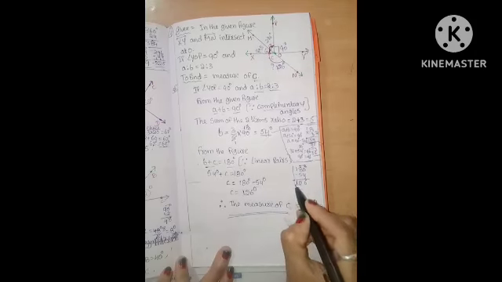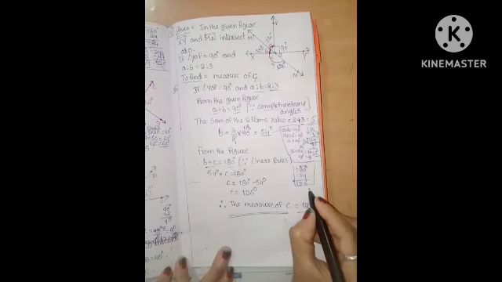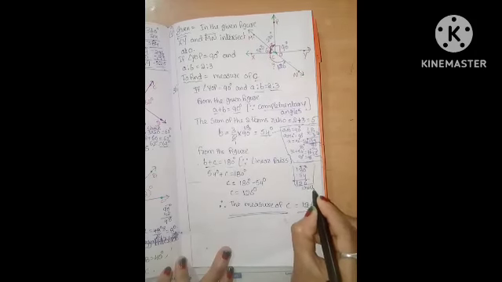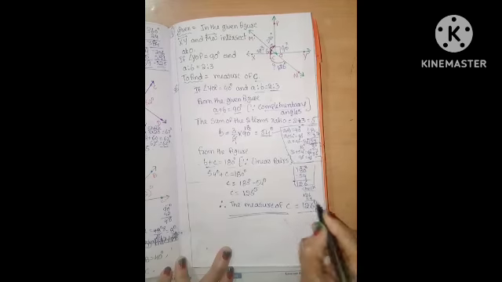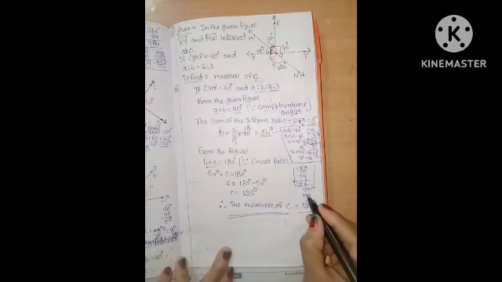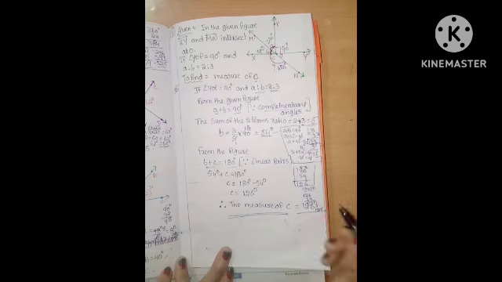The check process is these two only. What is the check? 126 plus 54. 6 plus 4 is nothing but 10. So 2 plus 5 is 7, 7 plus 1 is 8, plus 1. Is it correct?